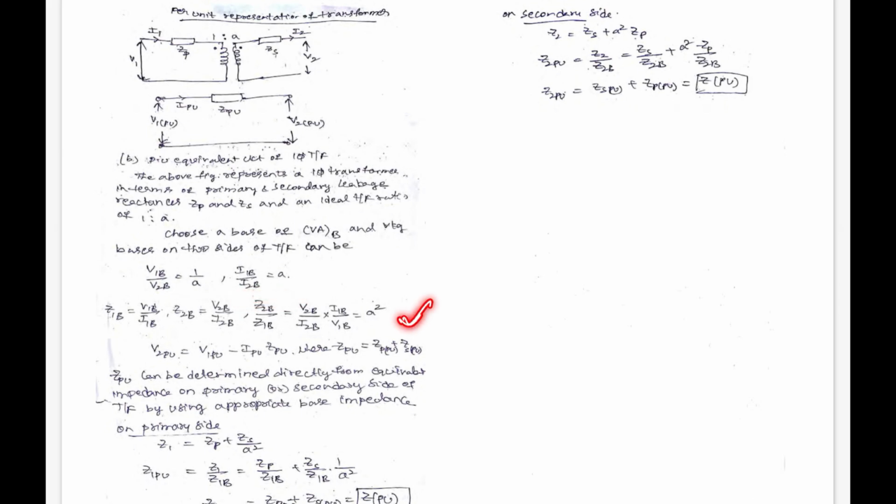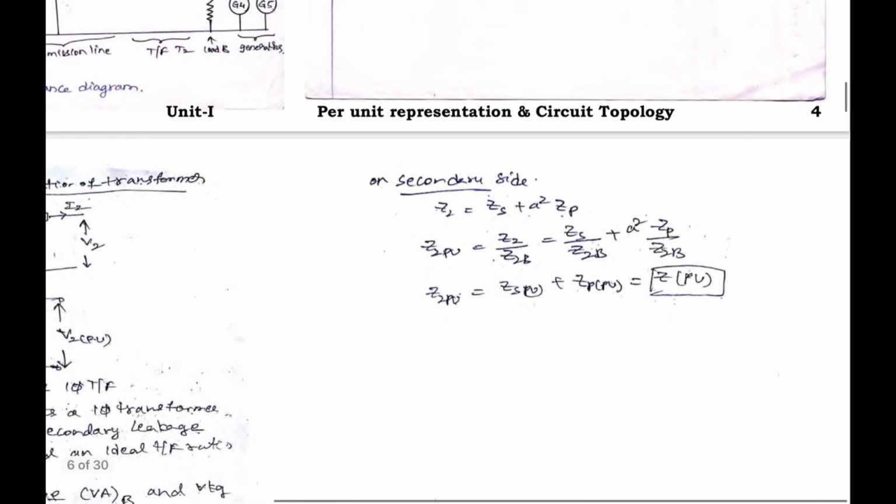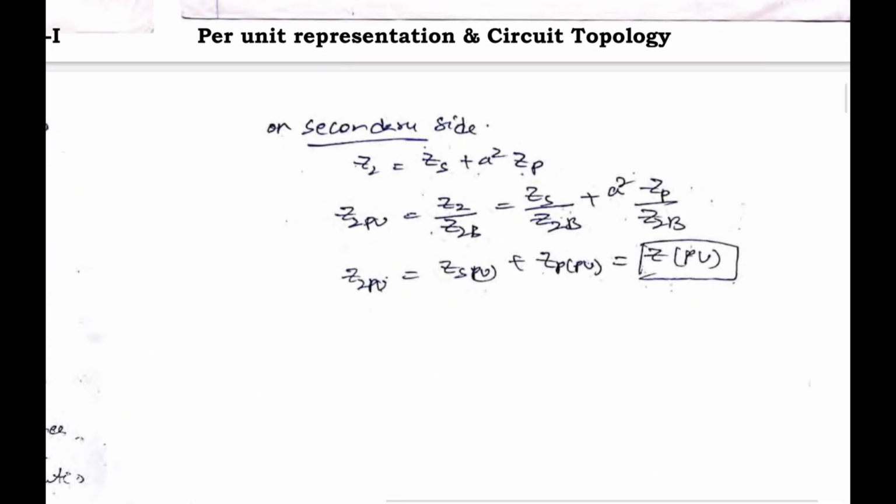Based on the transformer turns ratio, on the primary side we have the primary per unit reactance. If you have knowledge of the transformer turns ratio, you can easily understand this. On the secondary side also, Z2 per unit equals Zs per unit, and Zb per unit. That is the total per unit.